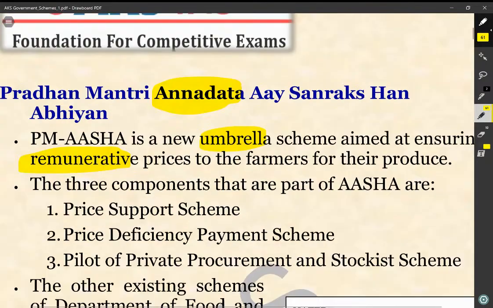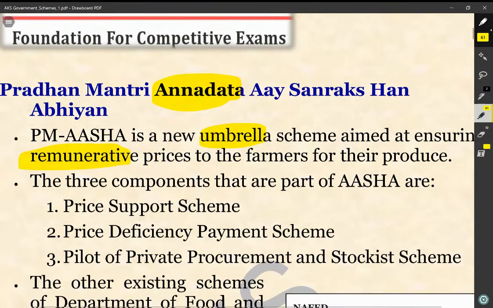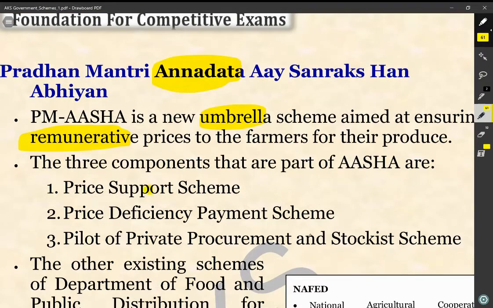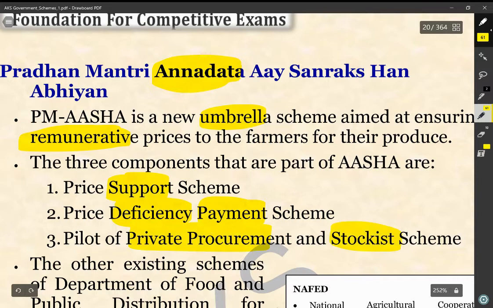The three components that are part of the AASHA scheme are Price Support Scheme, Price Deficiency Payment Scheme, and the pilot for Private Procurement and Stockist Scheme.